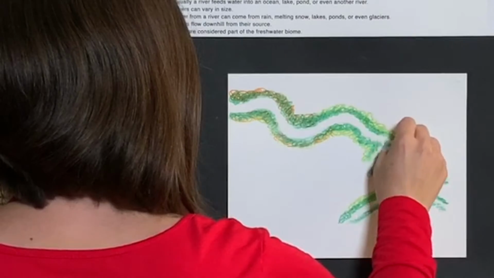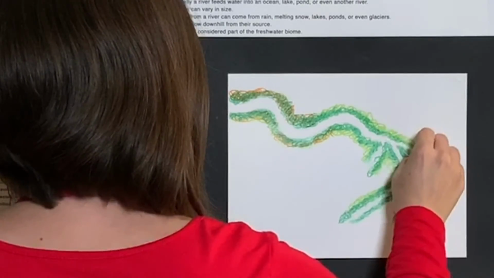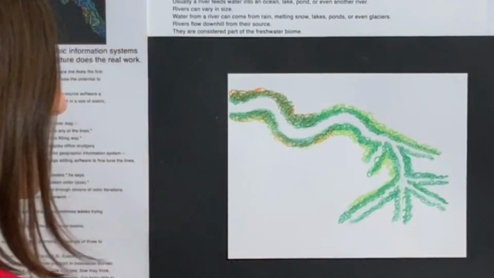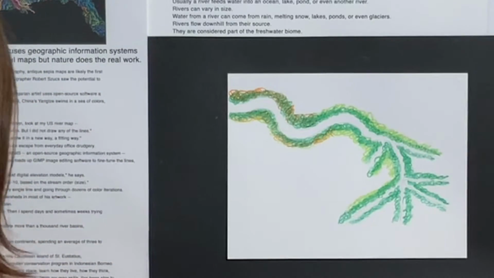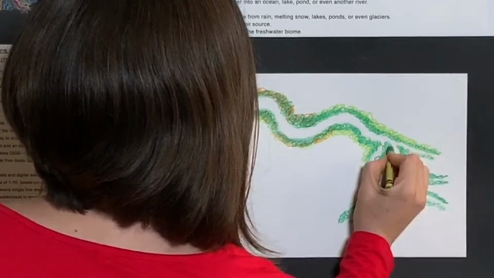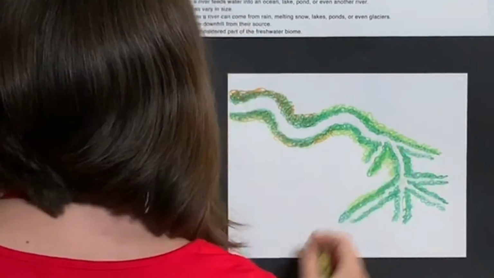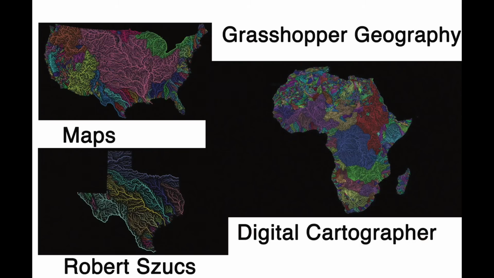There are rivers all over the world, and they've been mapped by scientists called cartographers. And if you were to go online and find a website, Grasshopper Geography, you would see these beautiful maps that this artist and cartographer created. His name is Robert Zooks, and he created these maps of just our rivers all over the world.